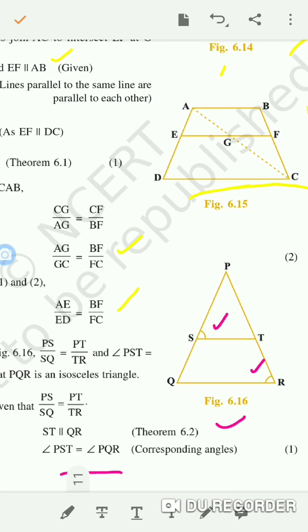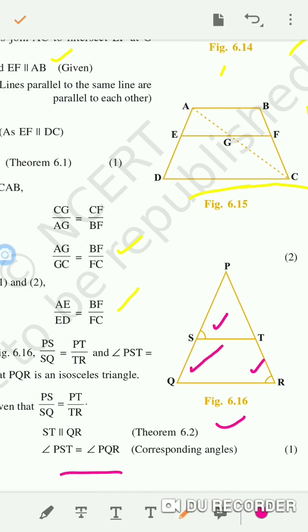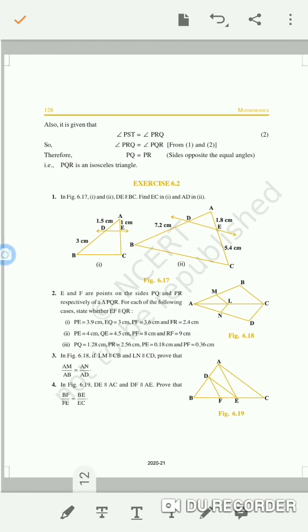See here, PST is equal to PRQ, it is given, and we know PST is equal to PQR. I have told you already. So from those two steps we have reached that this angle and this angle are congruent. Means for this triangle PQR, base angles are equal. Therefore, if two angles of any triangle are equal, then the opposite sides of those angles will be equal.